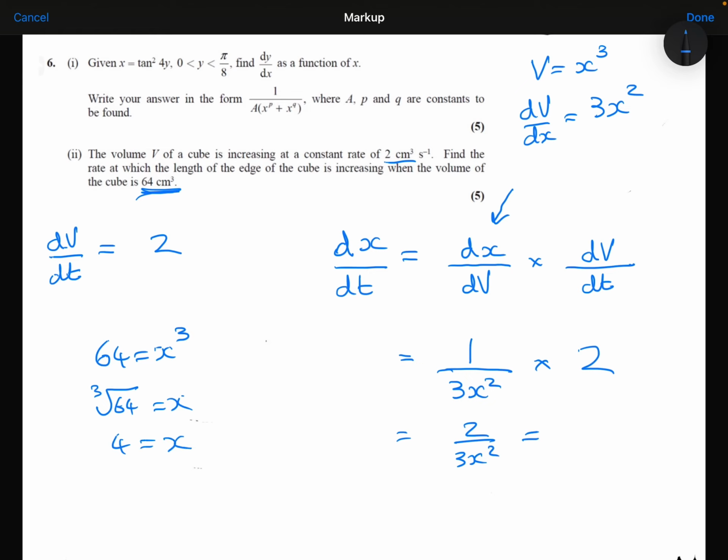Which, if I substitute that into my equation here, 2 over 3 times 4 squared is 2 over 48, or 1 over 24. And the units would be centimetres per second. The rate of change of the length measured in centimetres, the time measured in seconds, so centimetres per second.